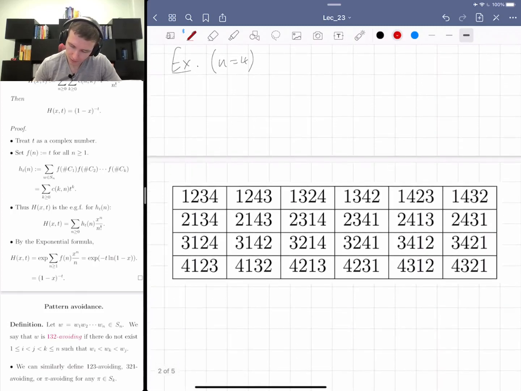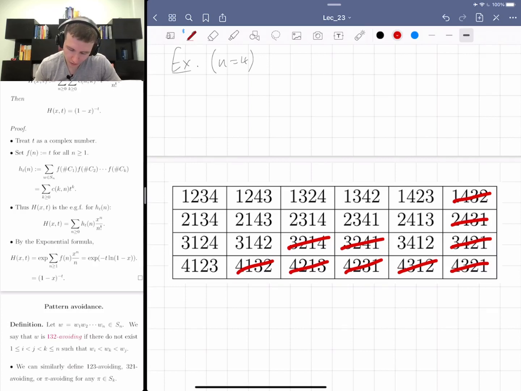So 1, 4, 3, 2 is an example. 4, 3, 2, 1, 4, 3, 1, 2, and so on. 2, 4, 3, 1. Yeah, I think this was easier for me. Is there any more? 1, 3, 4, 2.